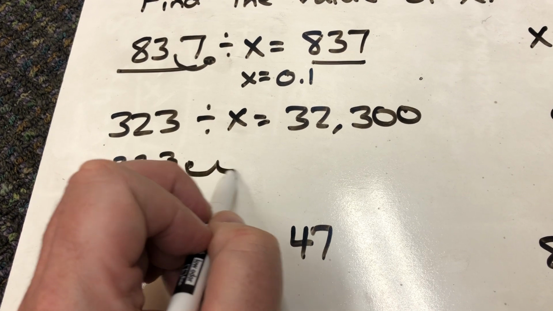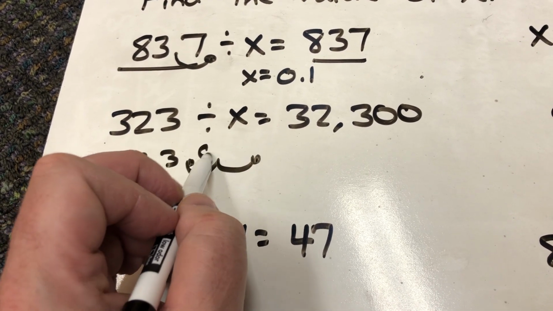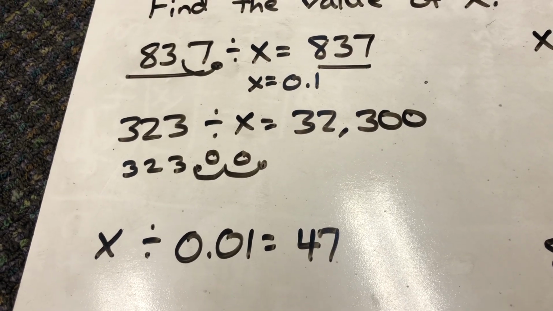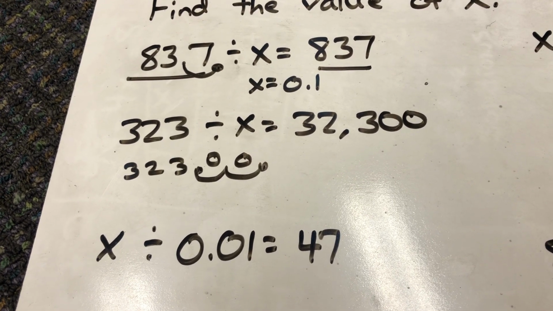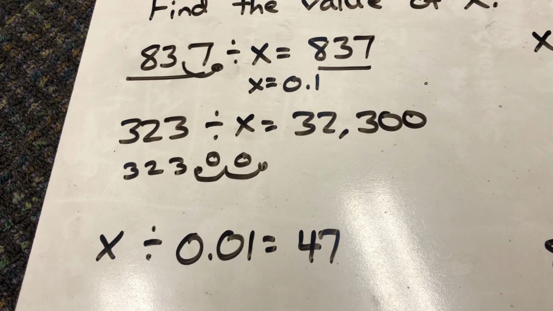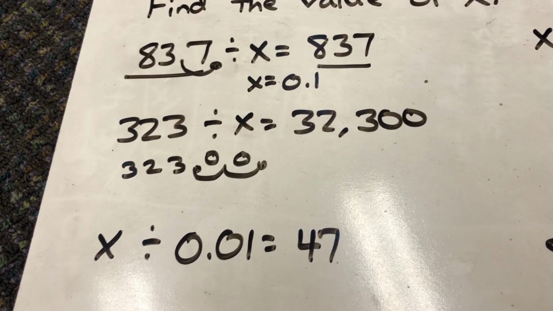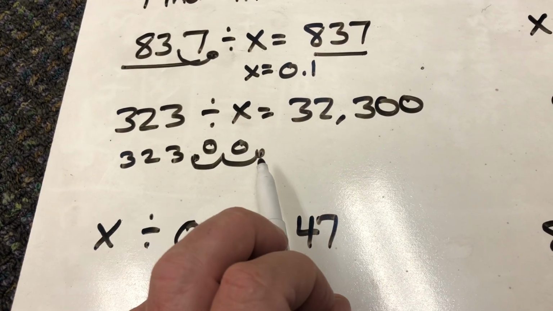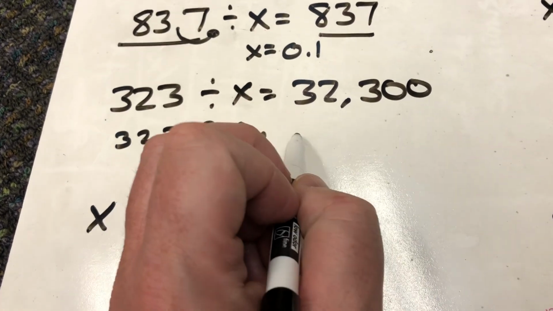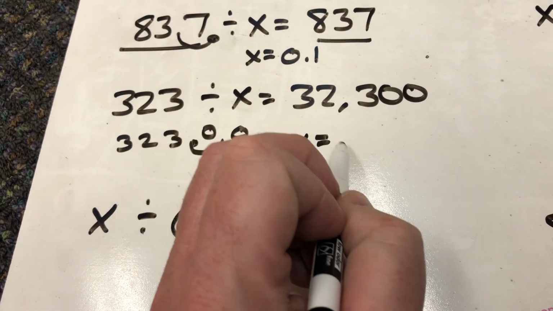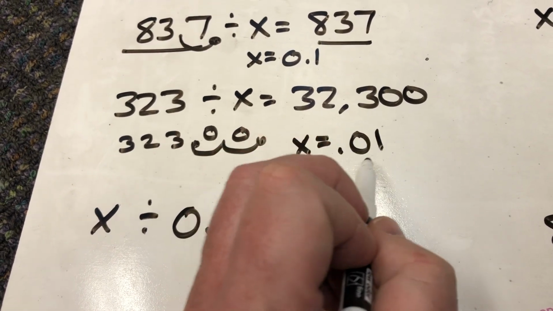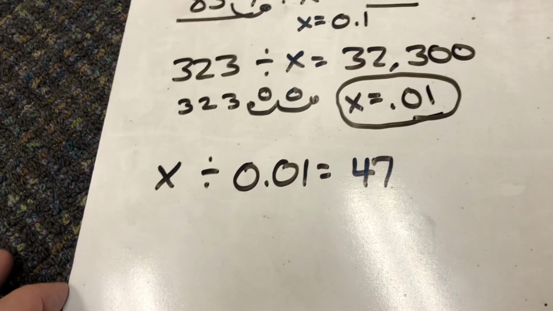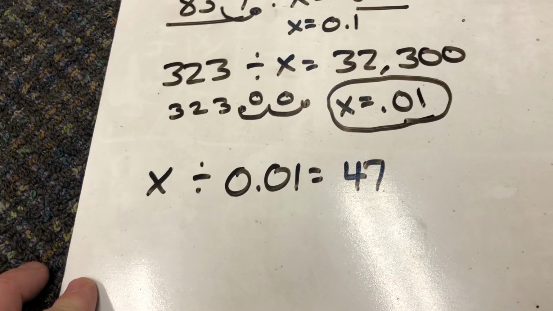The only way I was going to add 2 zeros is by moving that decimal 2 places to the right, which means once again I'm dividing by a number that is less than 1, which means that I'm moving it to the right, and since I moved it to the right twice, there must be 2 digits that come after the decimal in my answer. X equals 100th.